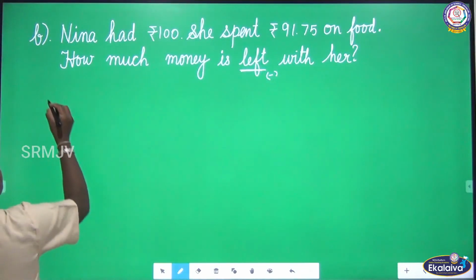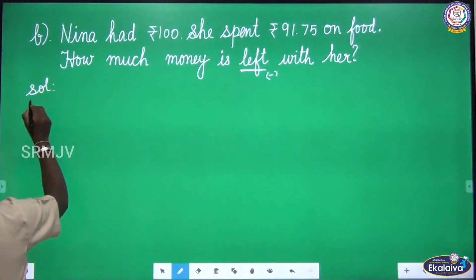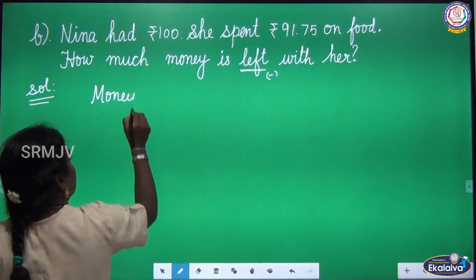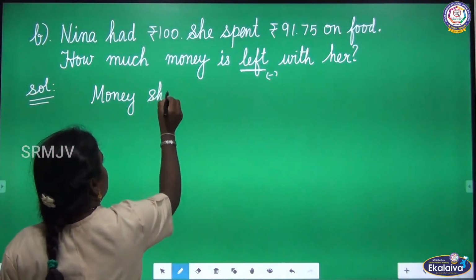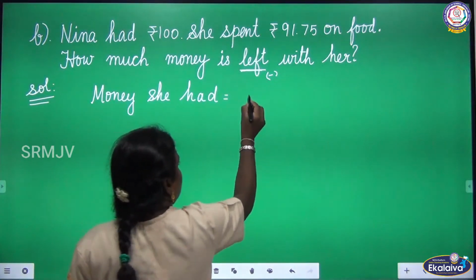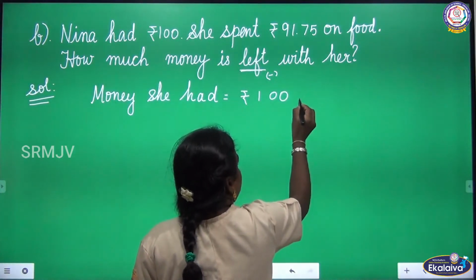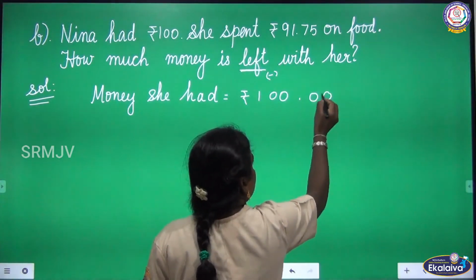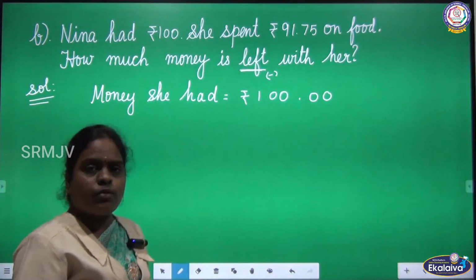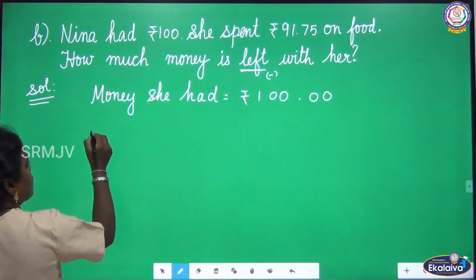Let us start with the word sentence. Money she had. So she had rupees 100 totally. Yes, in paise we have to write 2 zeros. And how much she spent on food? 91 rupees and 75 paise.